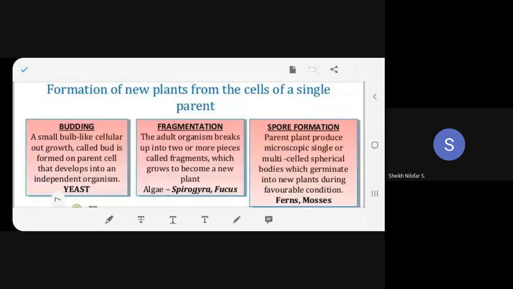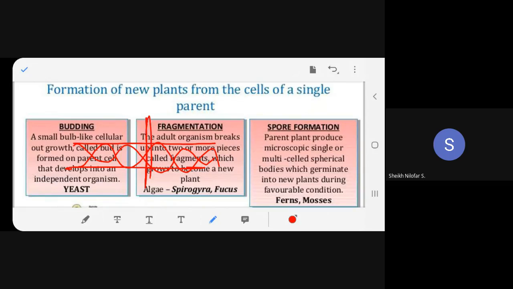Now we come to fragmentation. For example, this is an algae, Spirogyra. If it breaks into two, this and this one, A and B will become an adult.